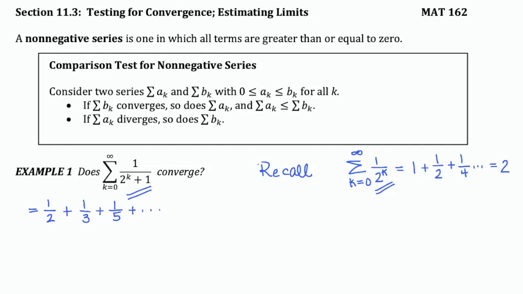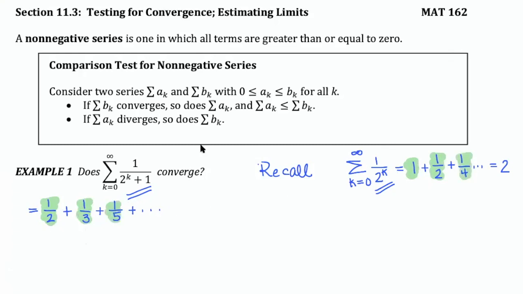If we compare the corresponding terms, the ones that were generated by the same k values, notice what we see. The first term here is 1, which is larger than the term in our series. The second term is again larger than the second term of our other series, and so forth.